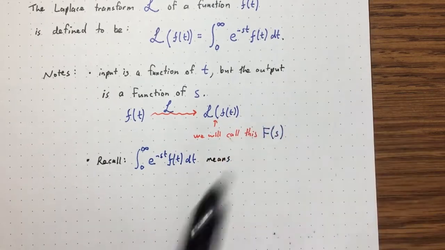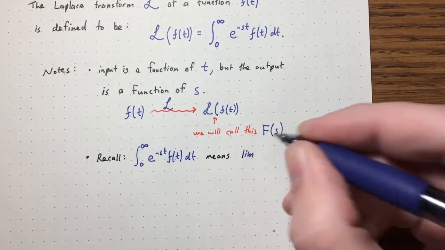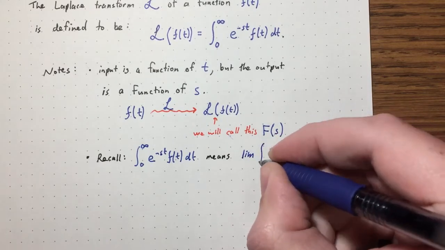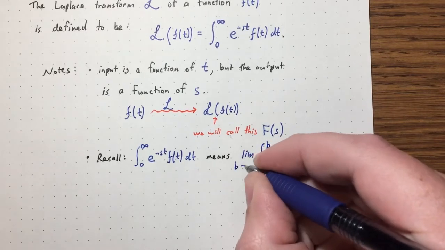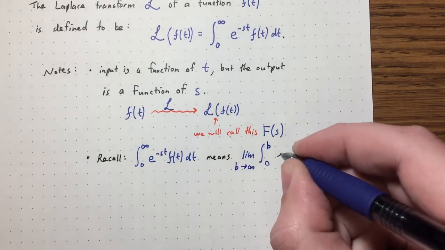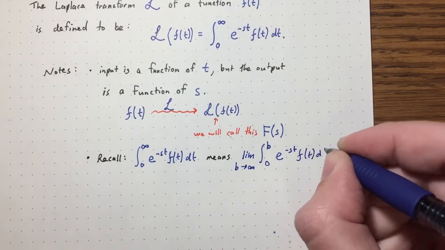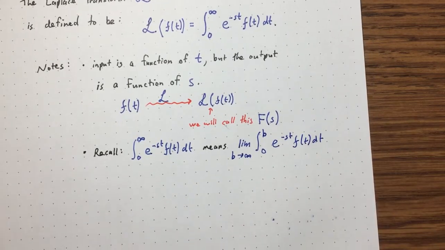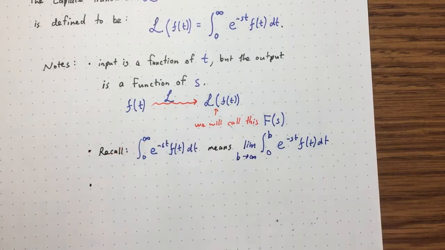You can't actually plug in the number infinity. Infinity is not really a number. What we mean is the limit of this integral, from 0 to, let's say, b, as b goes to infinity. That's what we mean by that upper limit of infinity.